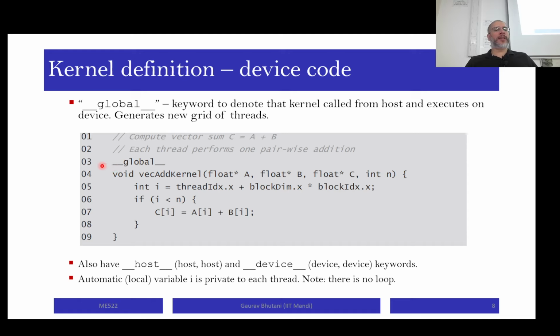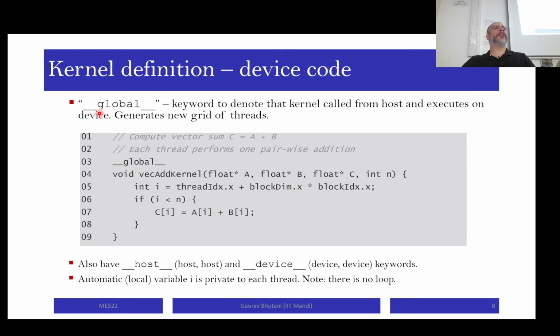Now you also see that in line number 3 you have this keyword called underscore underscore global underscore underscore. So what is the use of this? This keyword helps denote that this kernel function is called from the host and it executes on the device.